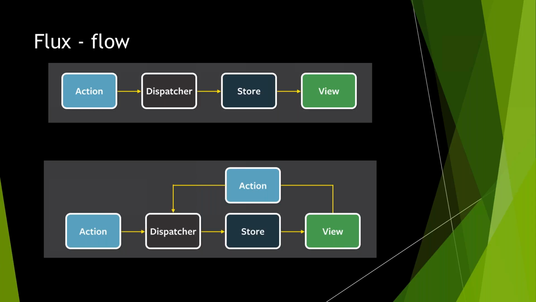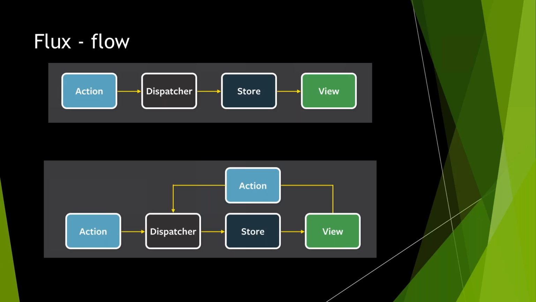Coming to the Flux architecture, as your normal flow works right now, your parent will pass certain props to your child, or one component will pass certain props to another component, which can pass certain props to a third component. But there is no way right now of communicating back.